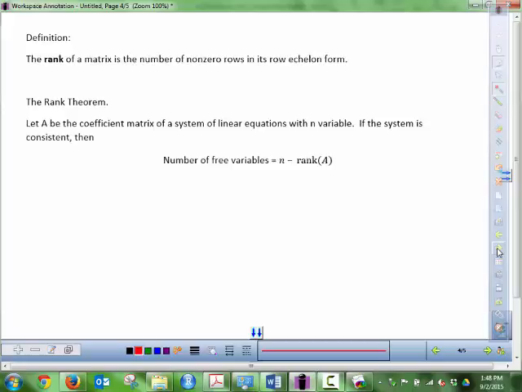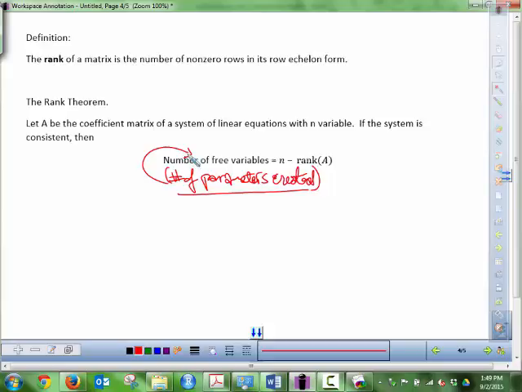The rank theorem says that if you have n variables in your system, and your system is consistent, it has solutions, then the number of free variables, which is the number of parameters that we created, should equal the number of variables you have minus the rank.